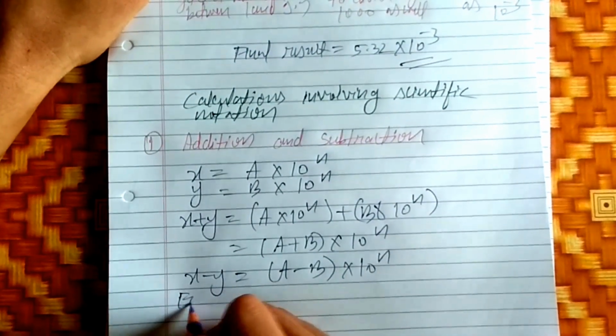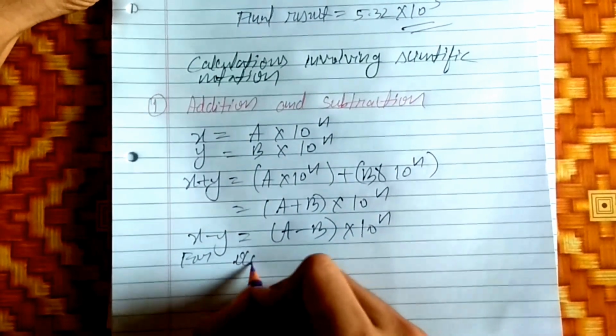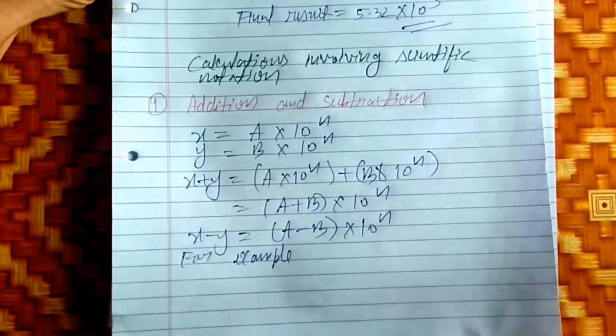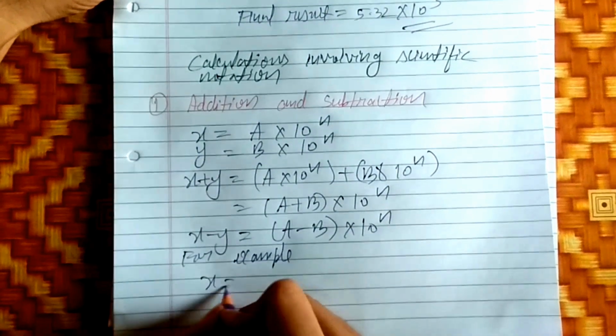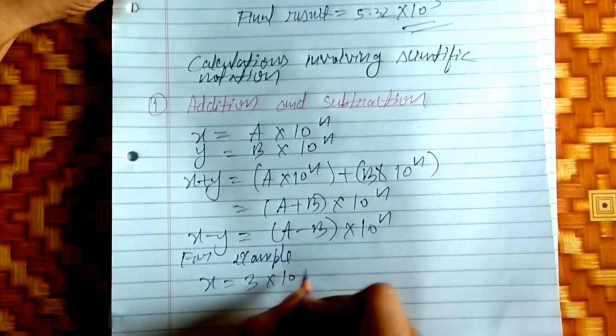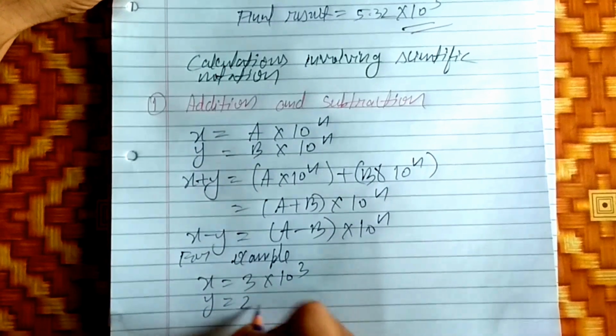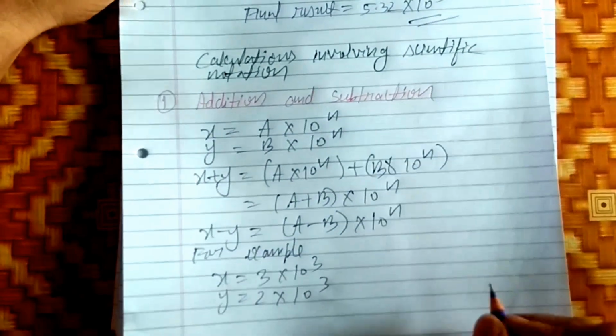For example, if x is 3 into 10 to the power 3, y is 2 into 10 to the power 3.